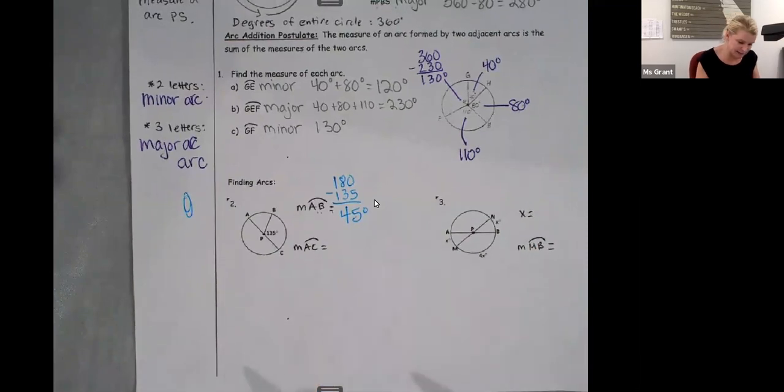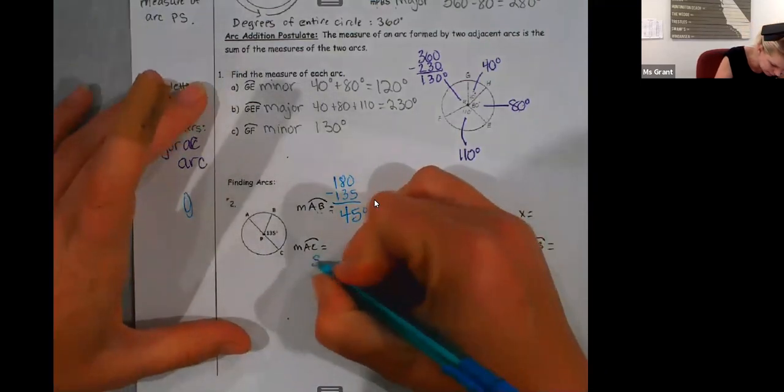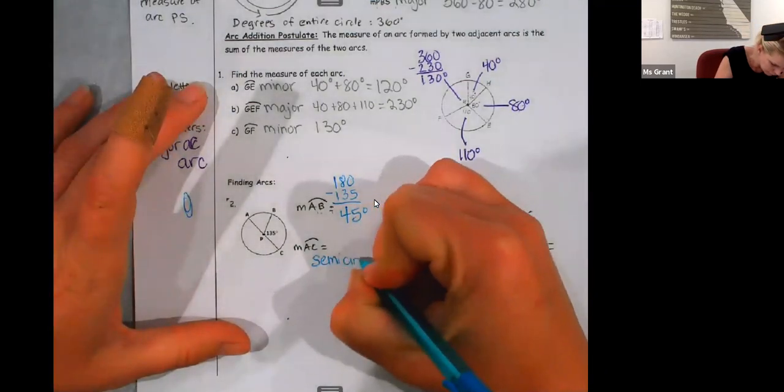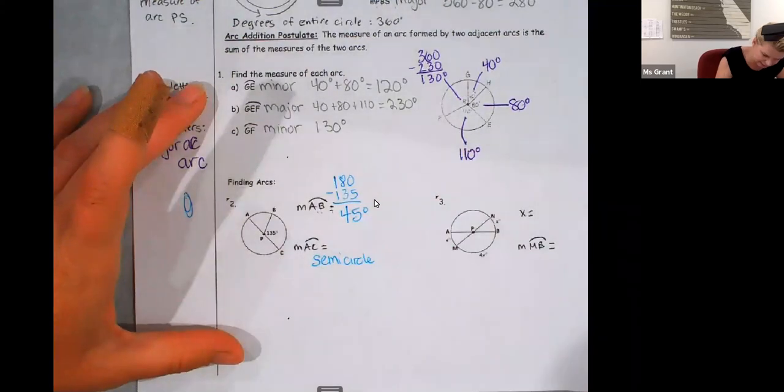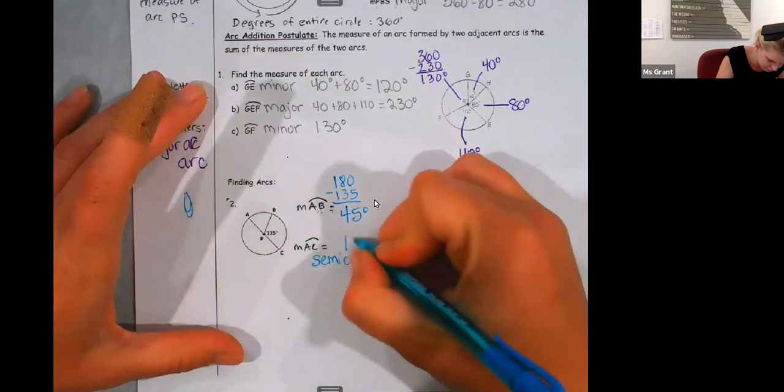The measure of arc AC, that's a semicircle, you guys. It's from the diameter. That is 180 degrees.